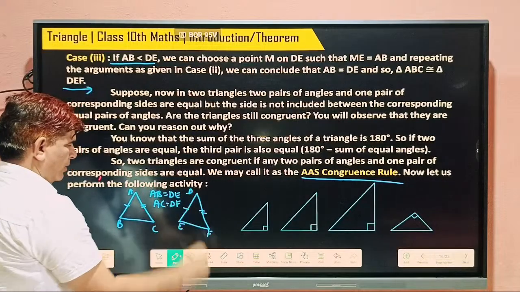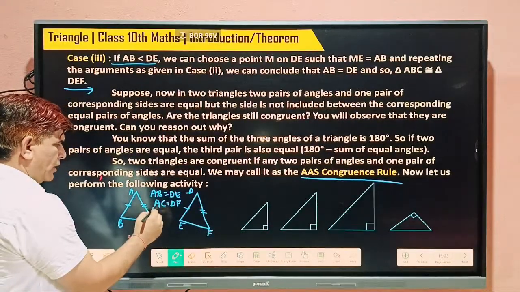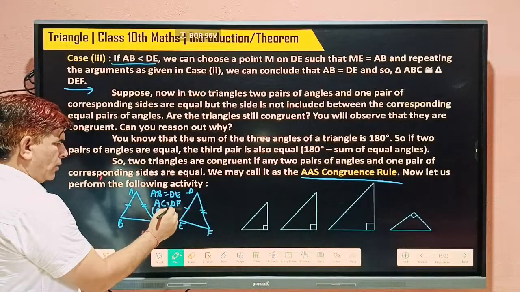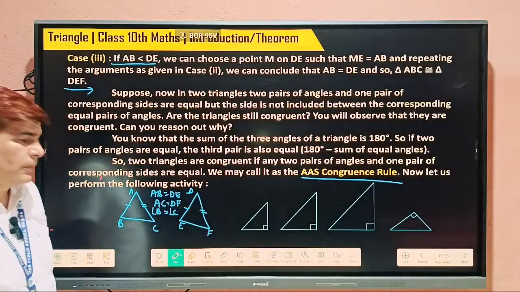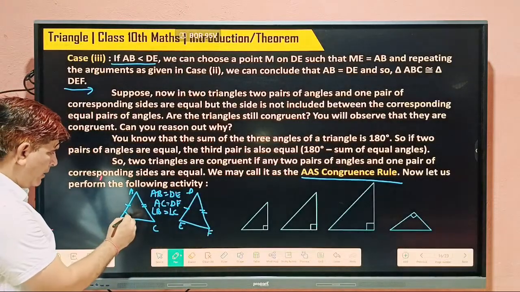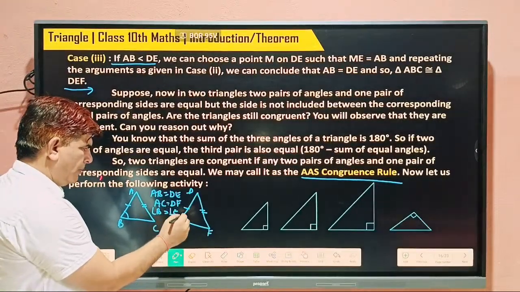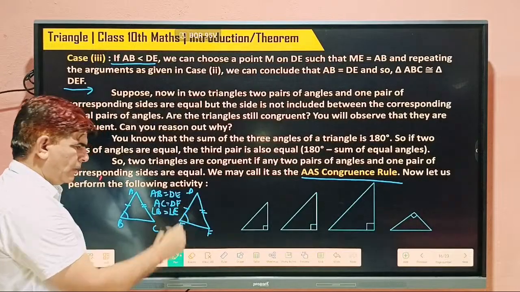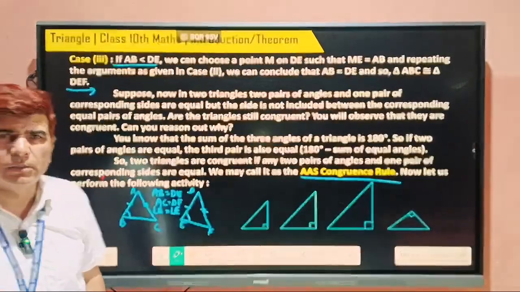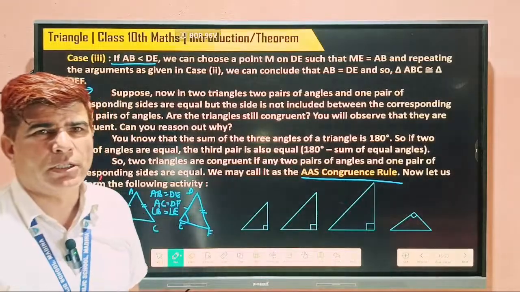And then angle B equal to angle C, sorry, angle B equal to angle E. Then are the two triangles congruent? Tell me the answer.